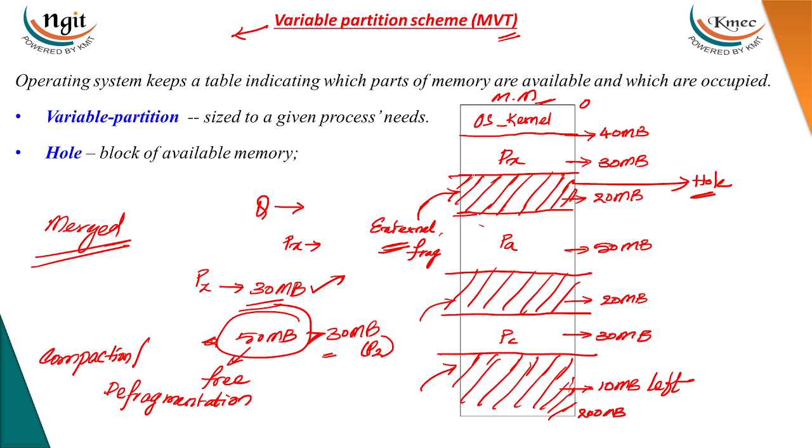In compaction, or defragmentation, what we do is, wherever the free memory locations are, all these free memory locations are grouped or moved to one place, and the processes are moved to one place. So what does that mean? Suppose 0 to 40, then 40 to 70, 70 to 90, 90 to 140, and 140 to 160.